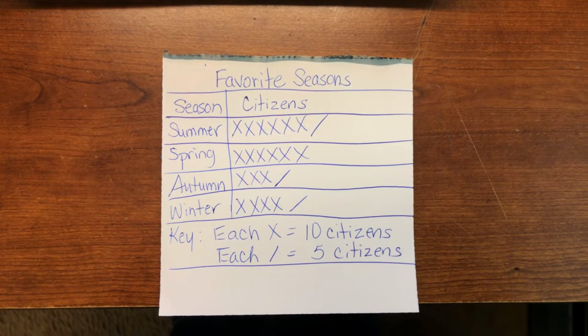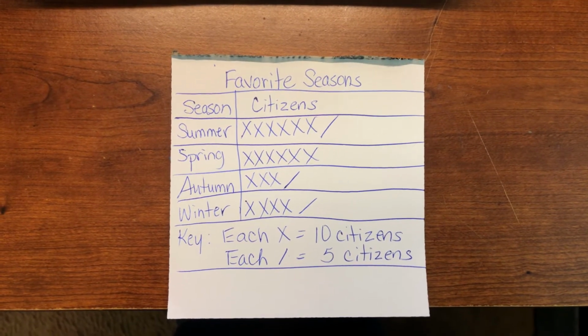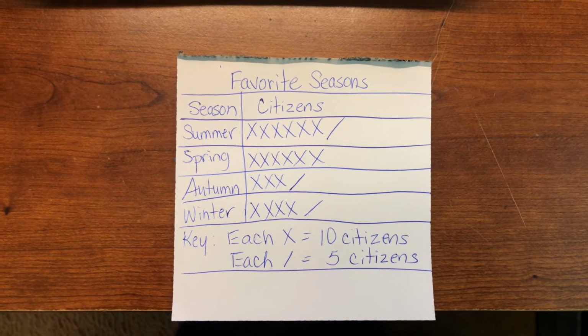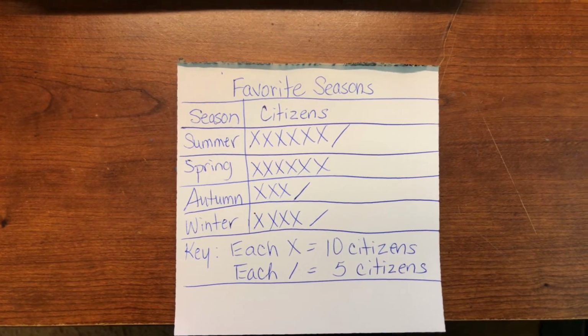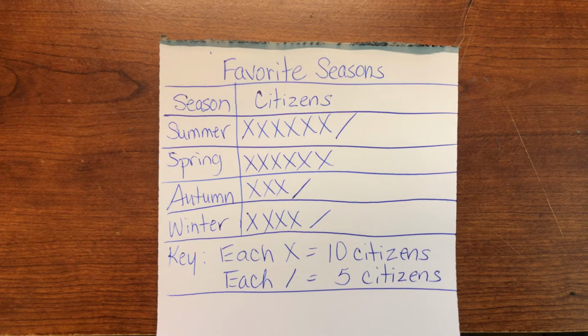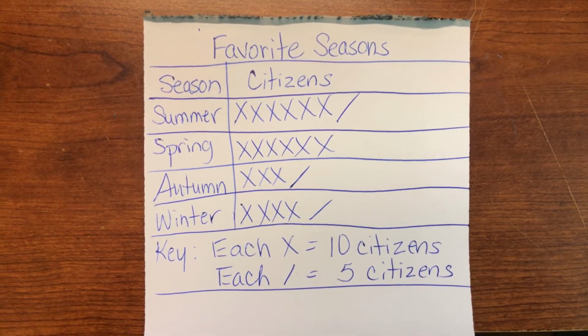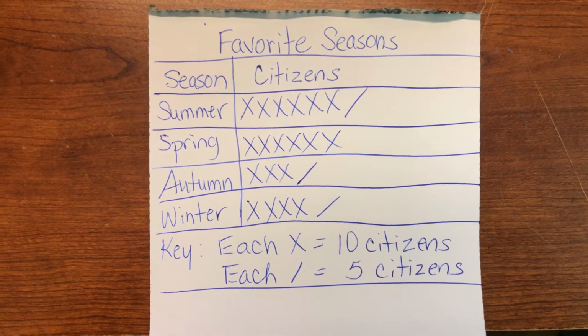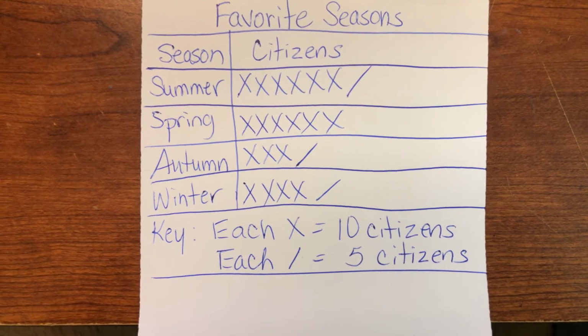Okay, here is another example. This time, this is a pictograph, but it's a pictograph that uses X's as its symbol instead of a circle or a bone or something like that.